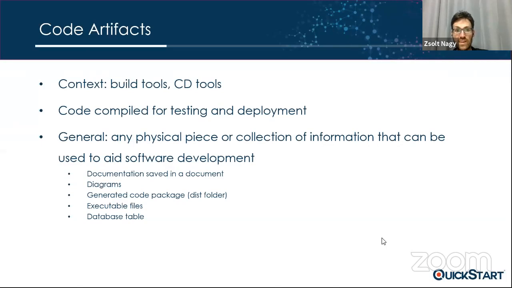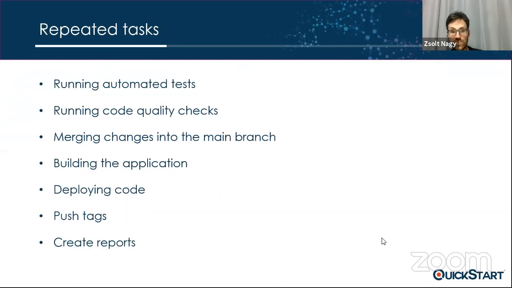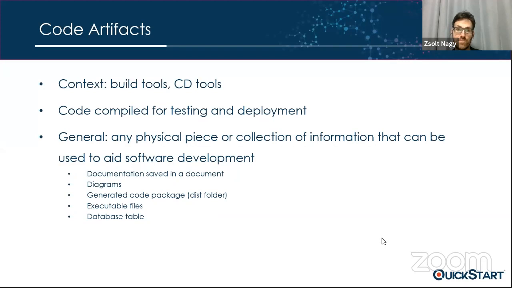But here in the CD tools context, we are using artifact for the bundle that we create in the build process. So you can see the fourth bullet point, building the application. Once we build, the result of the build is going to be an artifact, for instance.